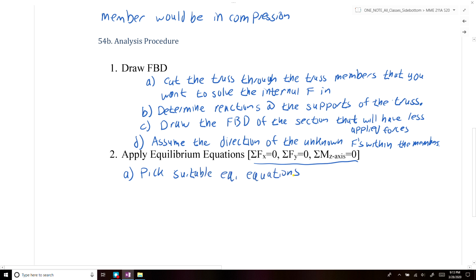The first thing that will help you when you do this is that you should first sum the moments about a point where two of the unknown forces intersect.